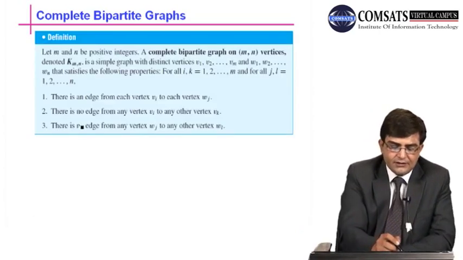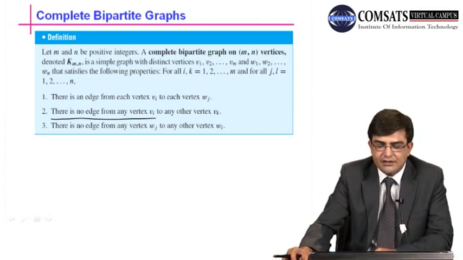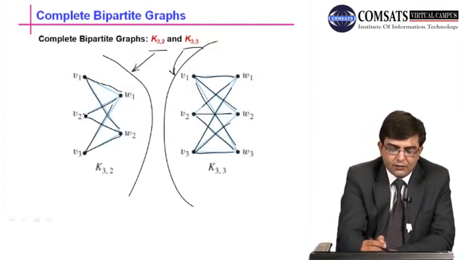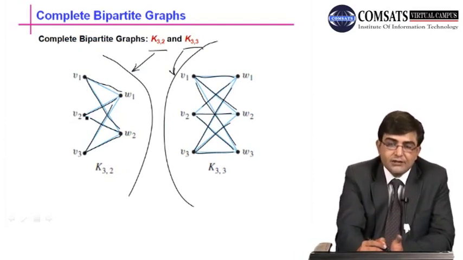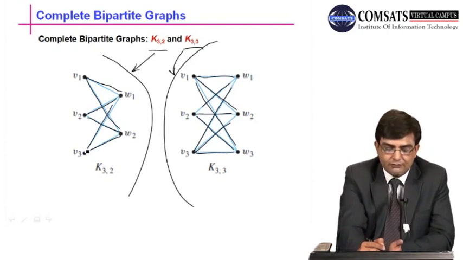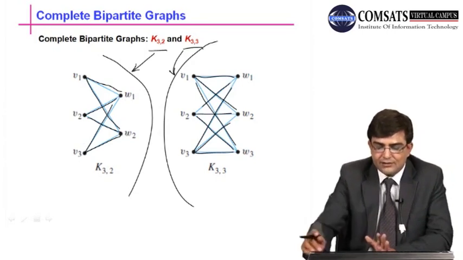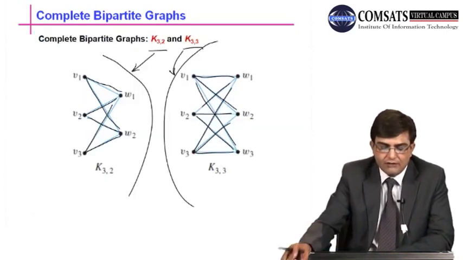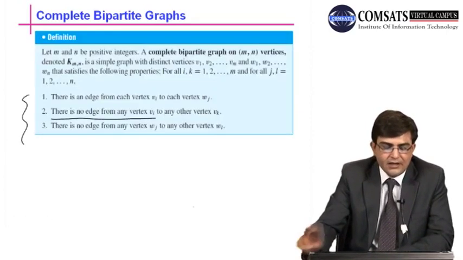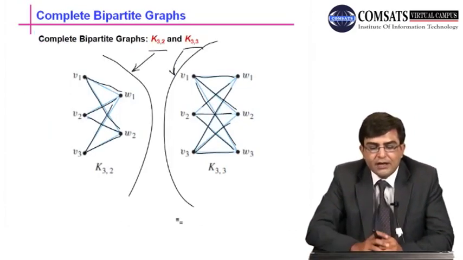The other two conditions are that there is no edge from any vertex vi to any other vertex vj, meaning v1, v2 and v3 are not connected to each other: v1 is not connected to v2 here, v2 is not connected to v3. Similarly, w1 must not be connected to w2 using any edge. So these are all 3 conditions. These 2 given graphs satisfy all these 3 conditions. Therefore, these are basically 2 complete bipartite graphs.